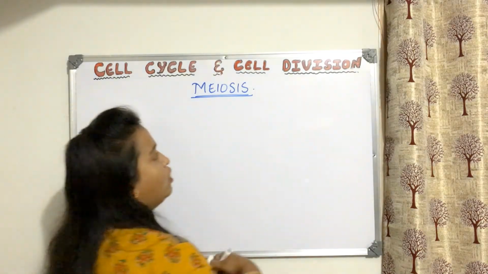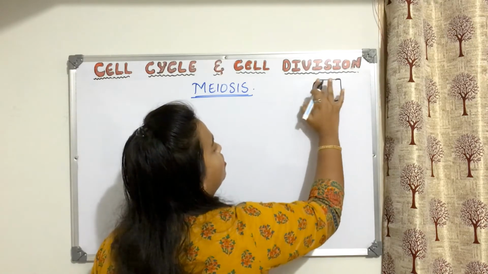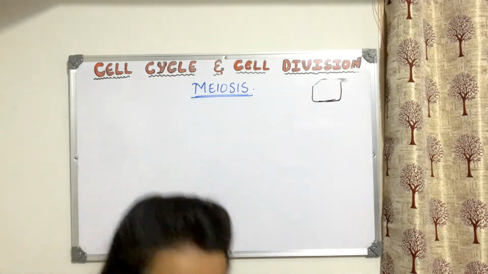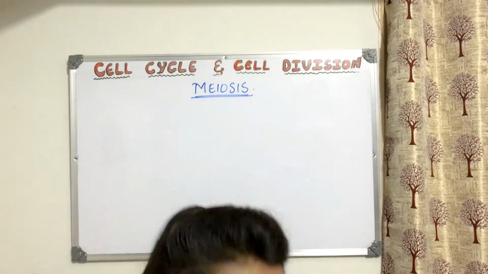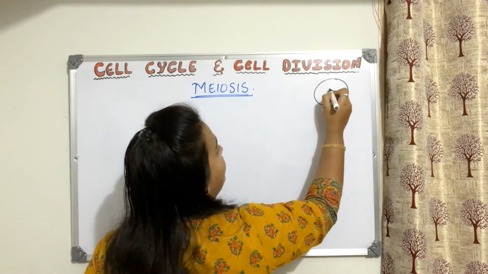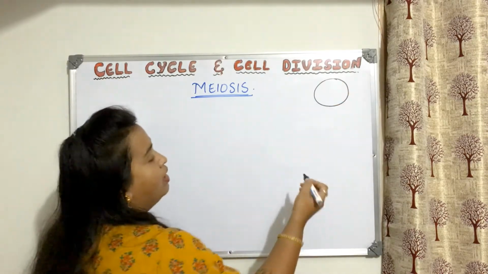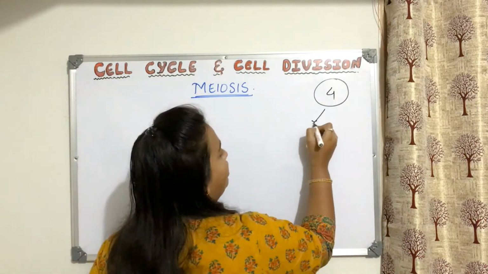So the blueprint goes like this: meiosis happens in meiocytes. You should remember the blueprint easily. For example, this is the cell, and let us take an easy example of 4 chromosomes. The parent cell has 4 chromosomes, then it will divide.